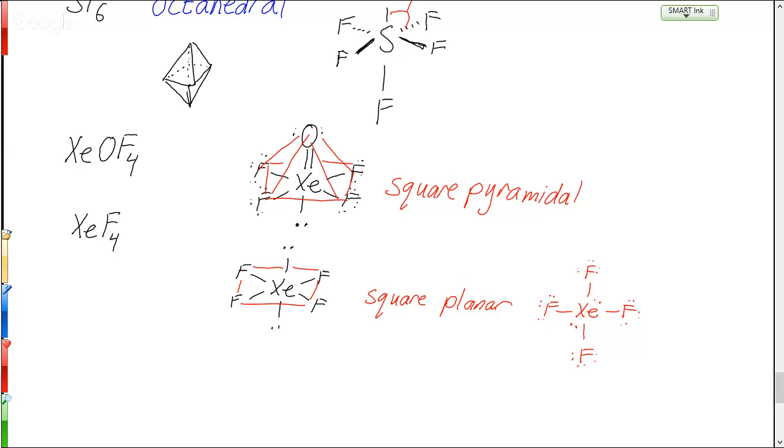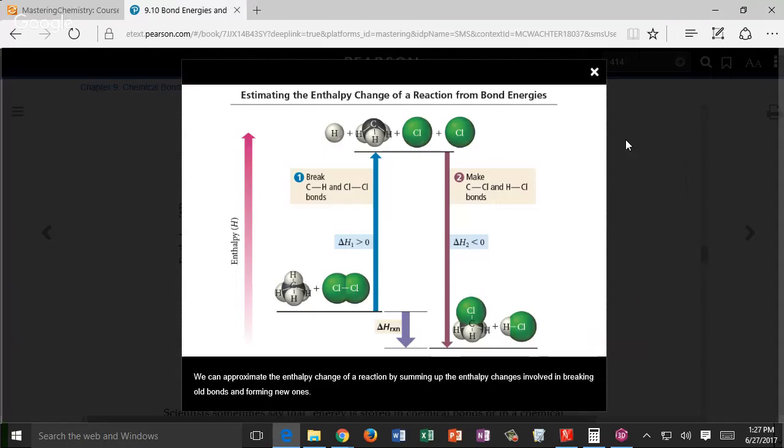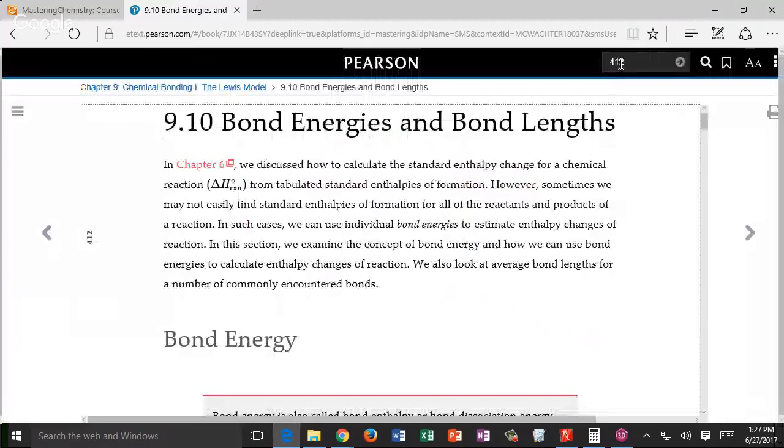So this is all summed up in a nice handy table on page 436 in your books. Let's grab that.